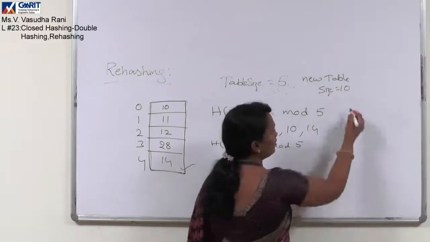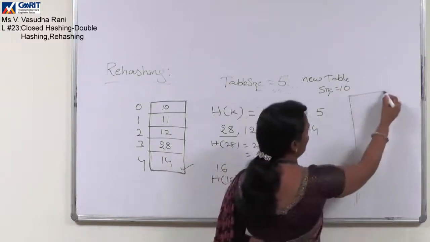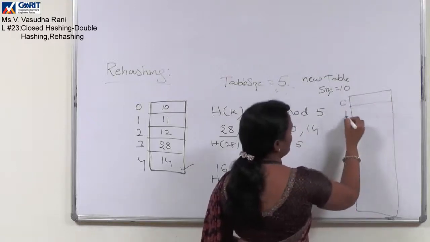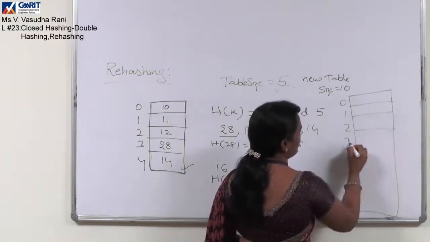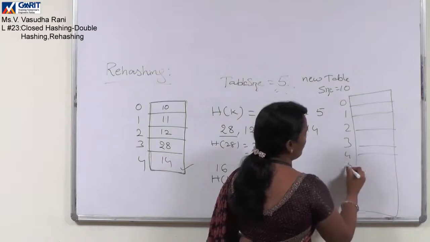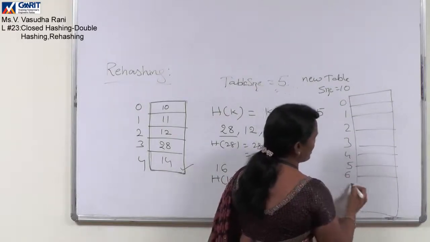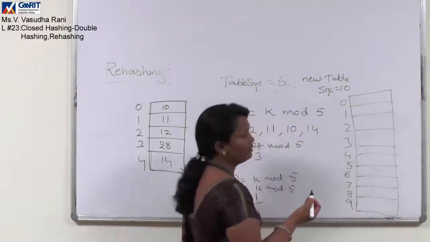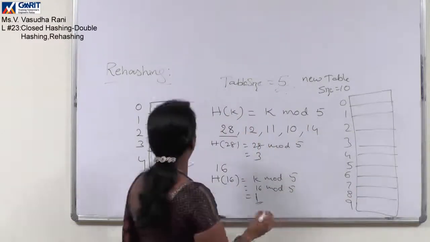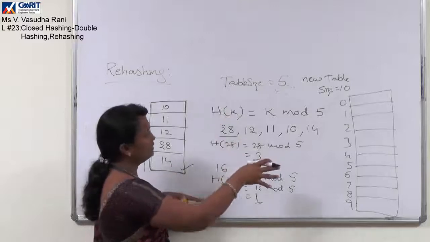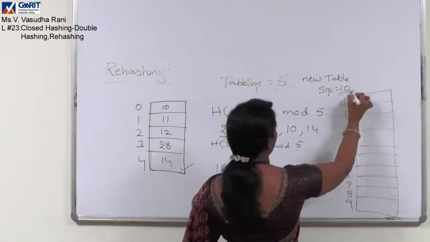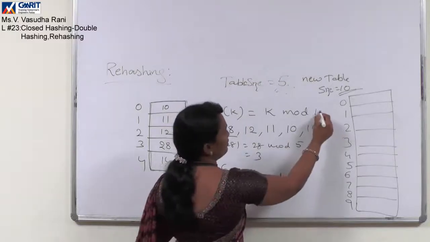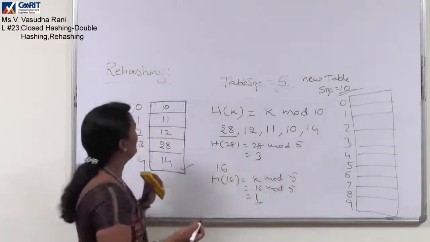So now we'll get our hash table 0, 1, 2, 3, 4, 5, 6, 7, 8, 9. This is our new hash table. All these values will be shifted to that table, modulus by 10 now. Now our hash function is changed: k mod 10.